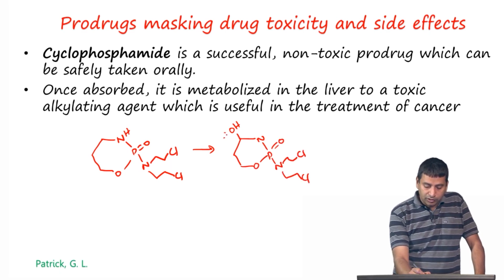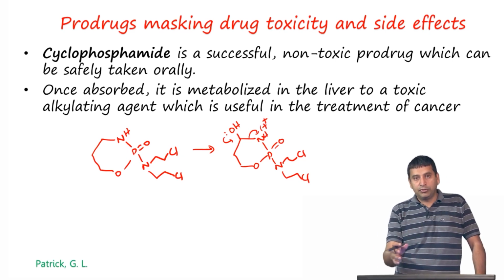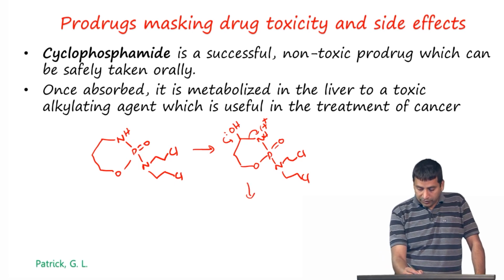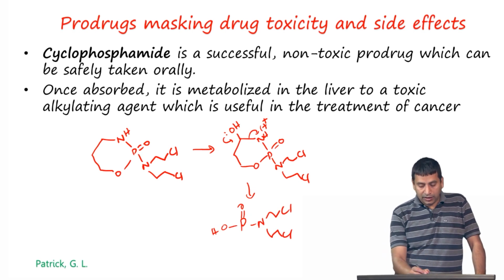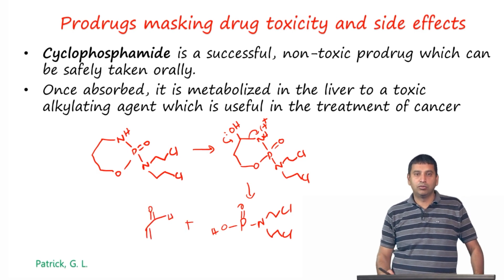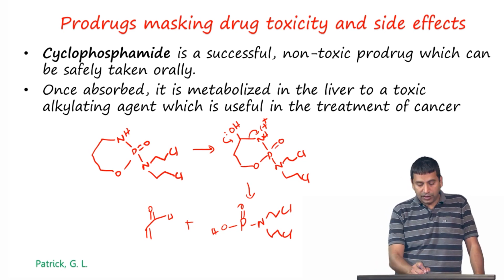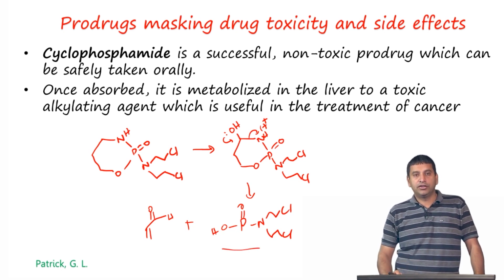Now you can think about this going out here and this picking up a proton and giving you this molecule, and then subsequent cleavage will give you the final product, and acrolein is the byproduct. I encourage you to push arrows and find the mechanism. It produces the active DNA alkylating agent, and this is used in the treatment of cancer.